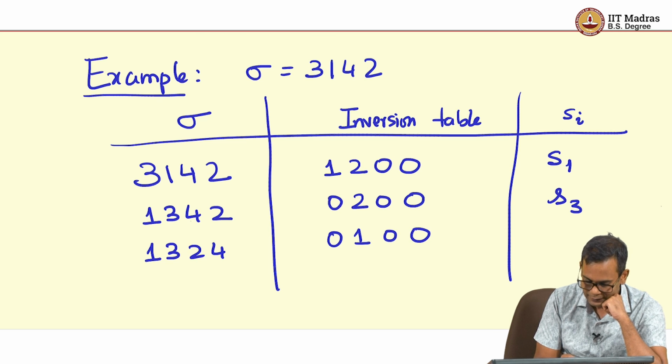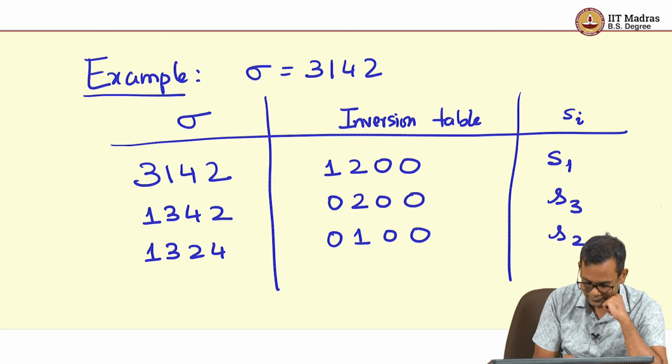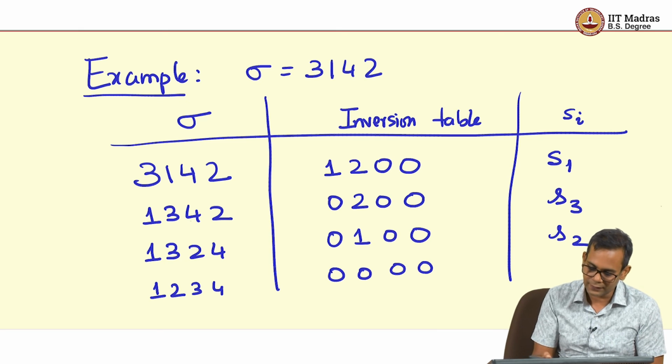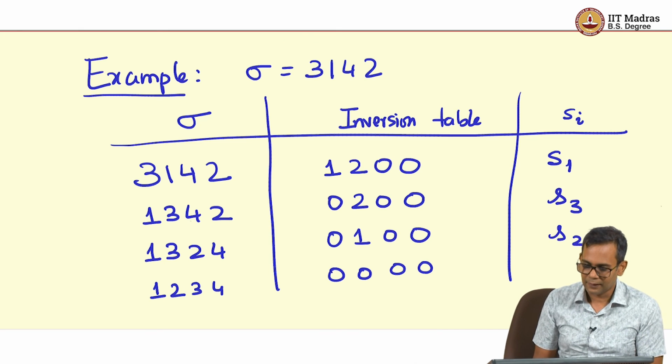So, we have 1 3 2 4. So, 3 and 2, there is a descent there at i equals 2. So, we apply S2, and what we get is 1 2 3 4, and this has inversion table 0 0 0 0.